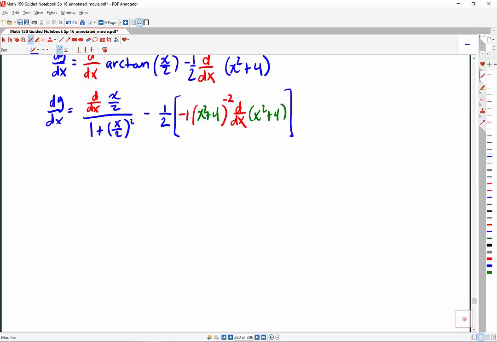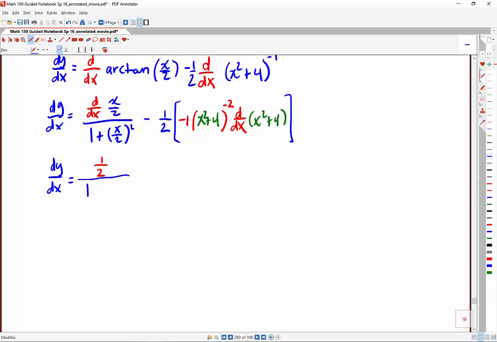And then moving right along, we will have dy/dx is equal to 1/2 over 1 plus x squared over 4 minus 1/2 times, let's see, we'll do the minus is plus, right?